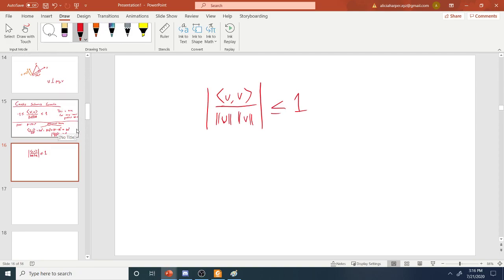So this generalizes a lot of the notions that we talked about, basically in the context of R2 and R3, to an arbitrary inner product space.